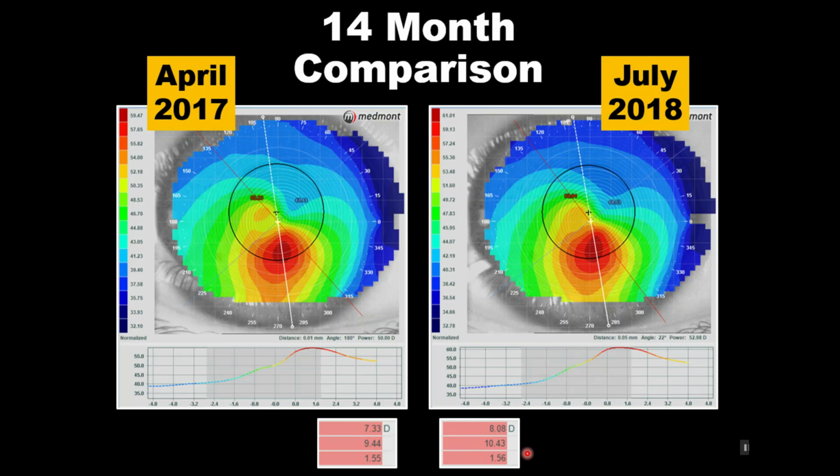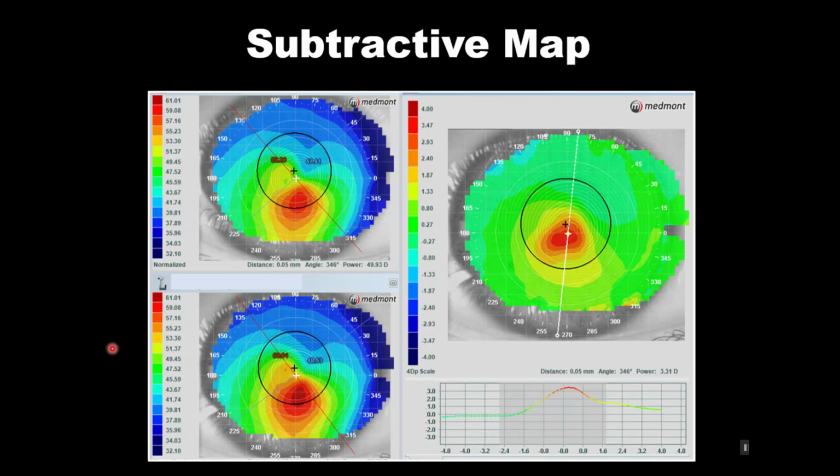It's increasing in irregularity. One of the best ways to compare two instances in time is to use the Subtractive Map. So we look at the April 2017 versus the July 2018, and then do what's called a comparison or subtraction or difference map.